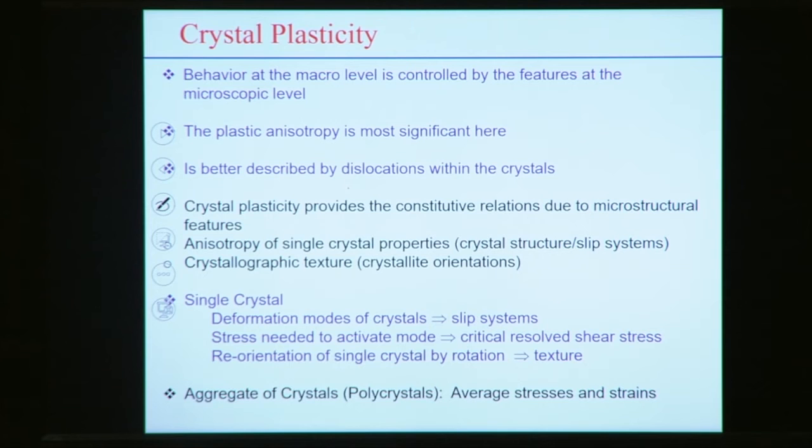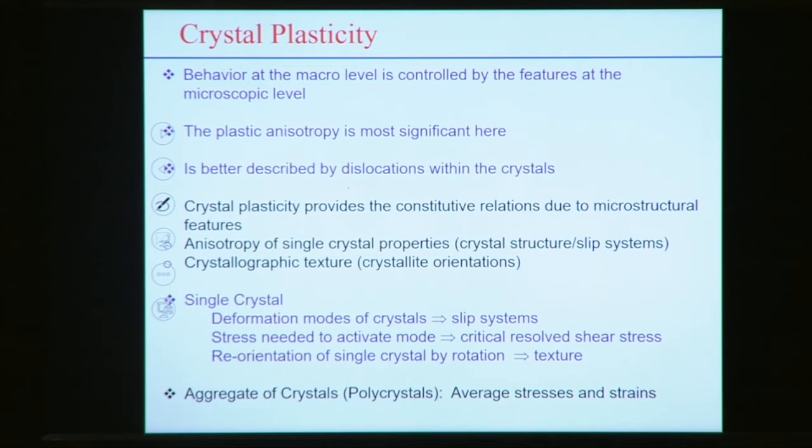So crystal plasticity actually provides the constitutive relations due to the microstructural features. Anisotropy of single crystal properties depends on the crystal structure of a specific material and the slip systems that exist within that material.